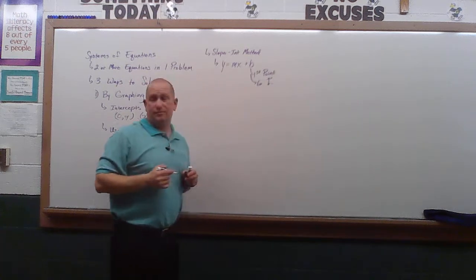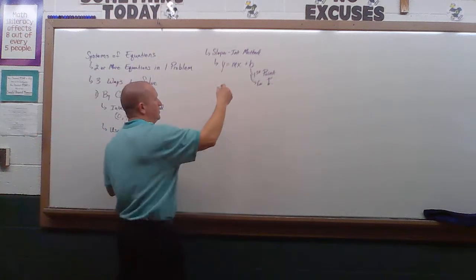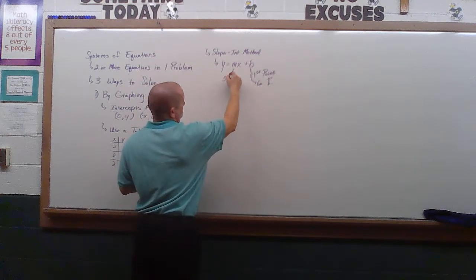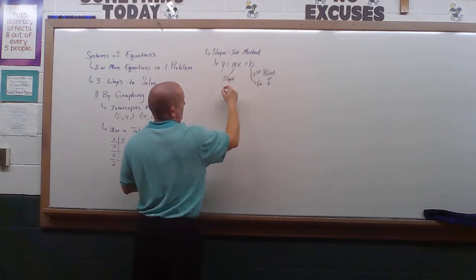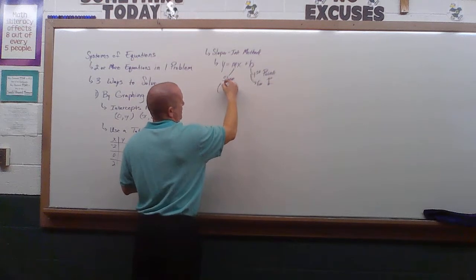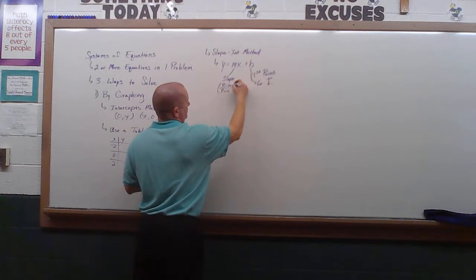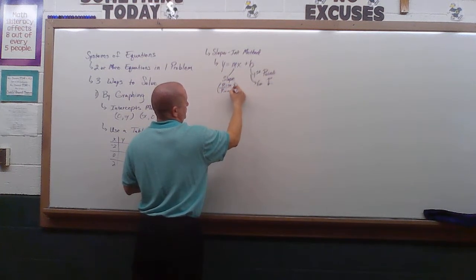Up, positive, down, negative. Okay, and then we're going to use our m, which is my slope. And that's when we now think about the rise over the run. The top number tells me to go up or down. The bottom number tells me to go right or left.